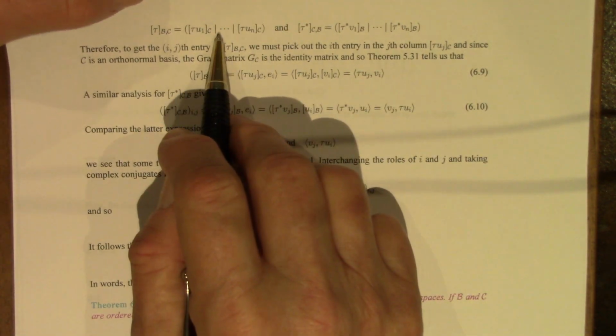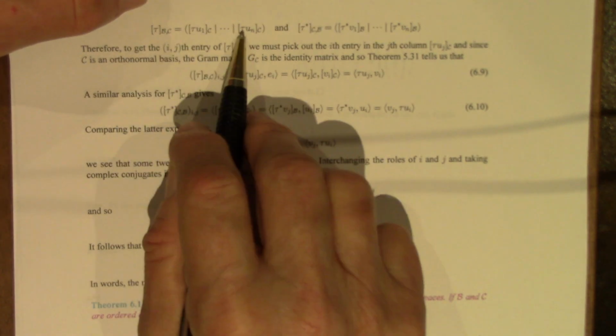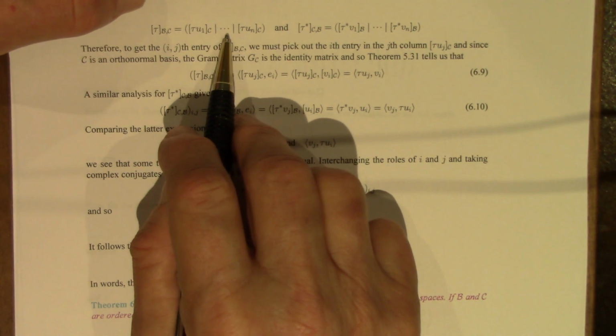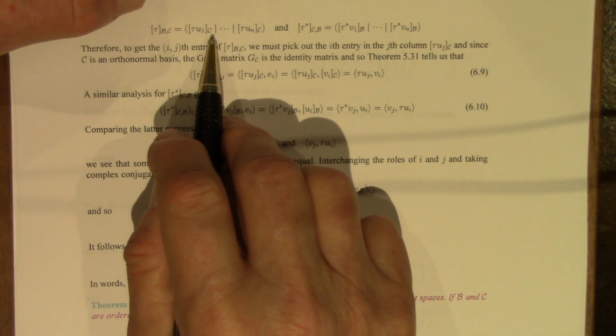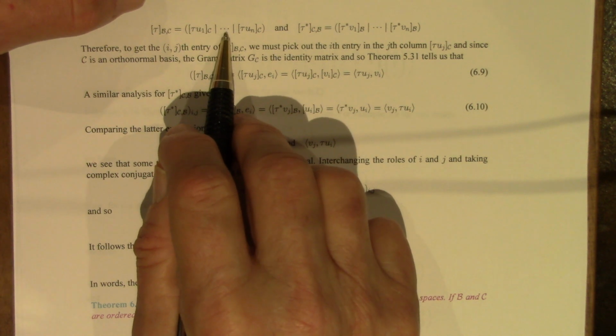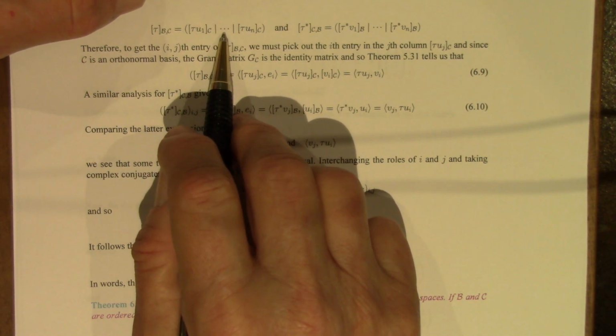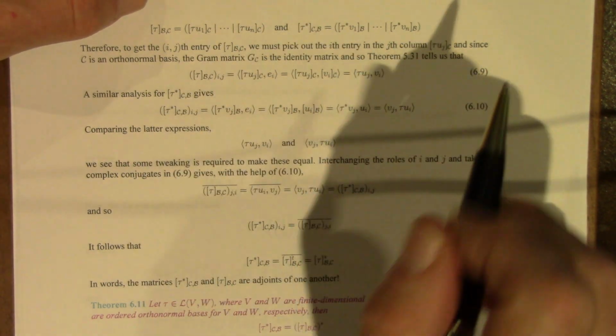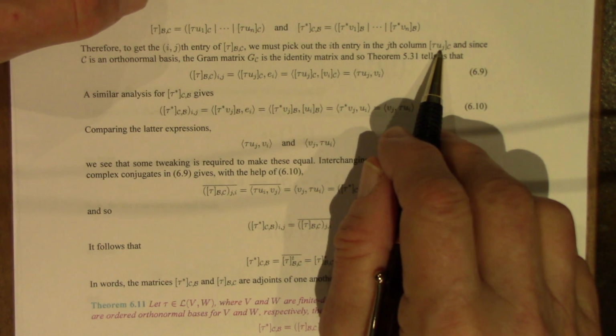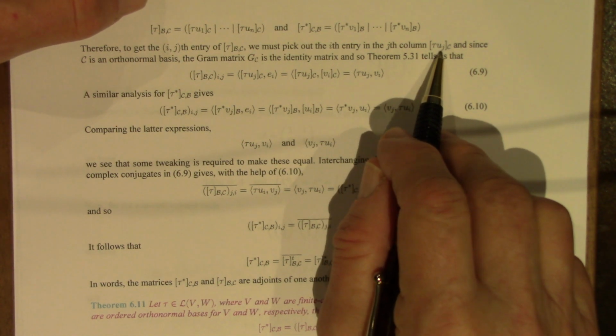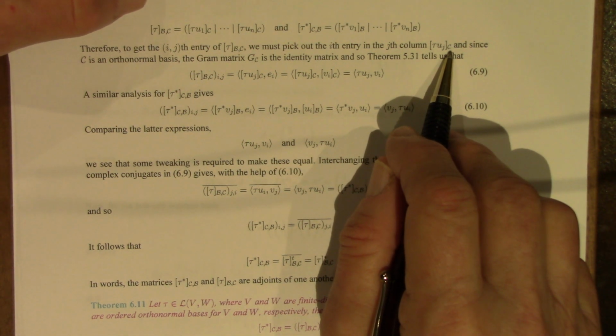So to get the ijth entry of, say, this first matrix, we have to pick out the ith entry in the jth column. Ith entry in a column is the ith row. So this is what the jth column is, tau uj C coordinates.